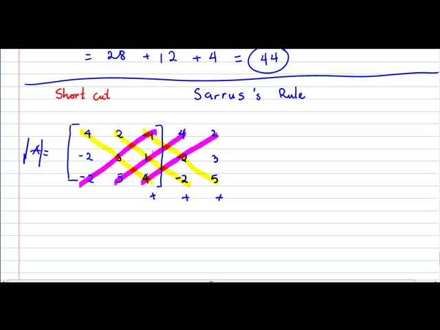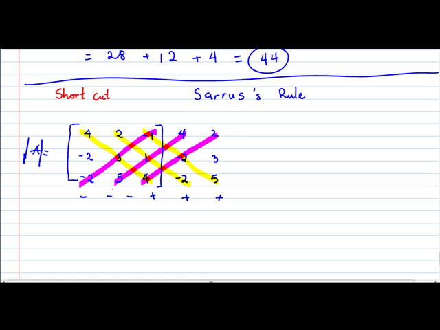The only thing about this method is you have to be careful when you're writing it down. If you're sloppy, your diagonals can be like a cookie, and it won't be nice. Then it's easy to make a mistake. So it's important to be neat with your work. When you go diagonally this way, the sign will be minus.